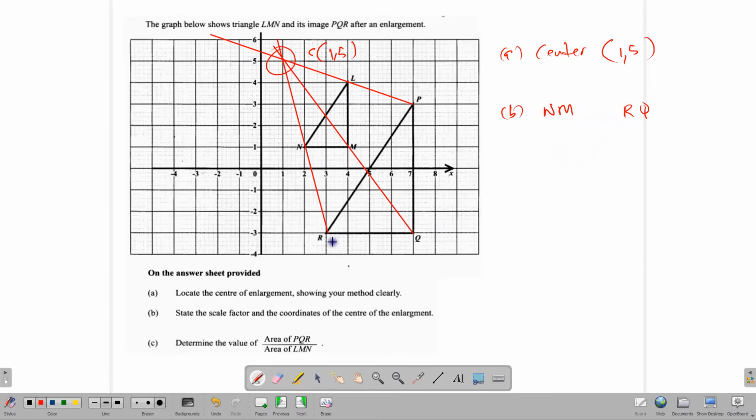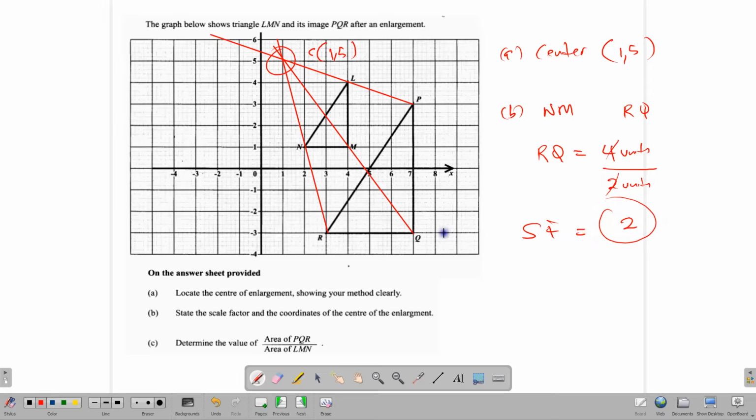Now, what is the length of RQ? RQ is equal to 1, 2, 3, 4 units. And NM is 2 units. And you simply divide that. So 2 into 4 goes 2, and this is what your scale factor is.